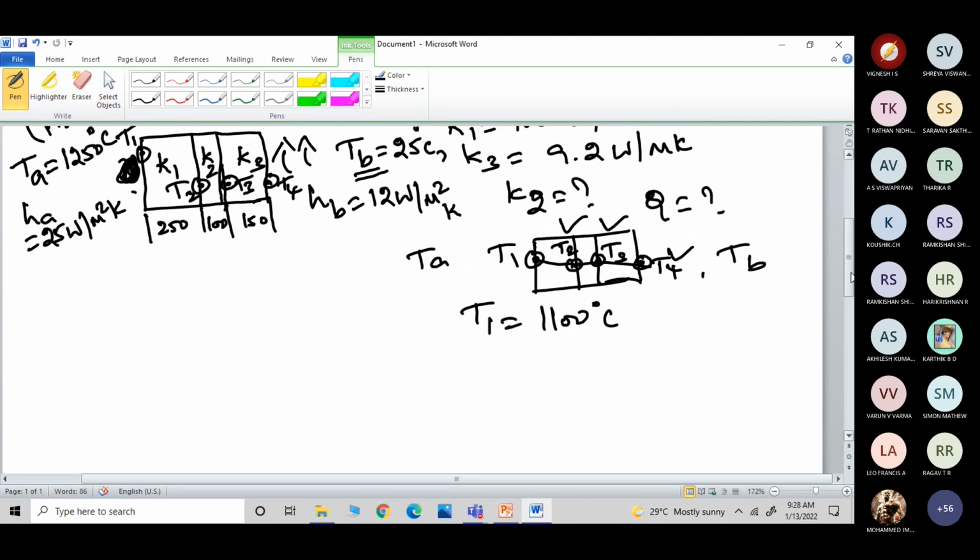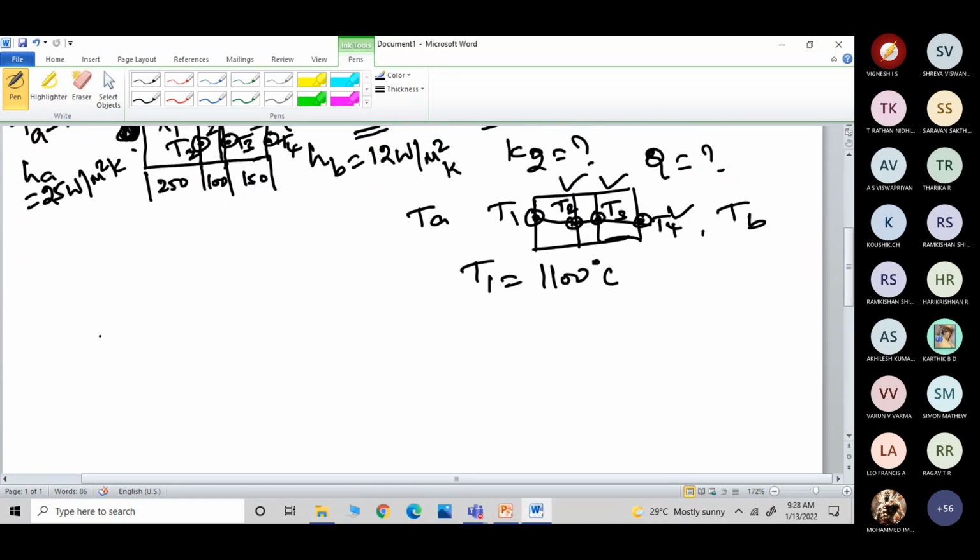Yes, sir. So the heat transferred Q, we know, by considering the first convective coefficient alone, Q is equal to TA minus T1 divided by the convective resistance RA.